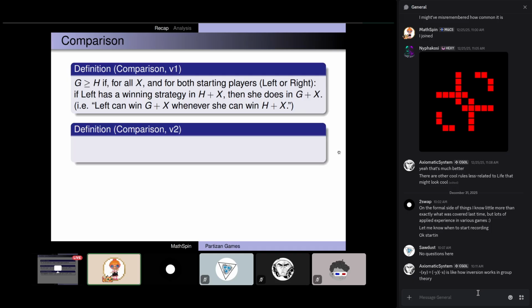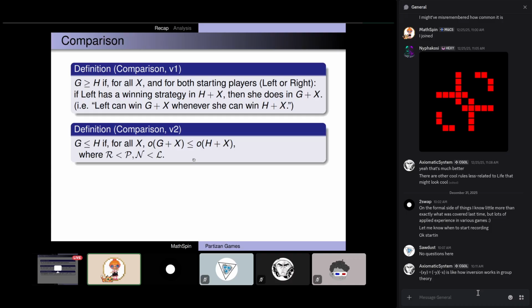And it turns out we investigated, although I didn't write out a formal proof, that this is equivalent to a different definition based on the outcomes directly. So G is less than or equal to H if for all X, the outcome of G plus X is less than or equal to the outcome of H plus X. How do we order the outcomes?